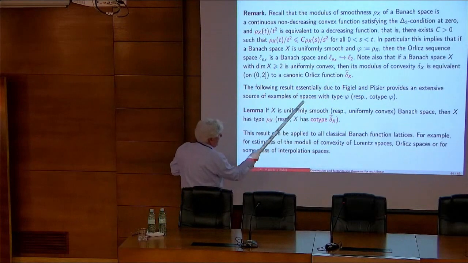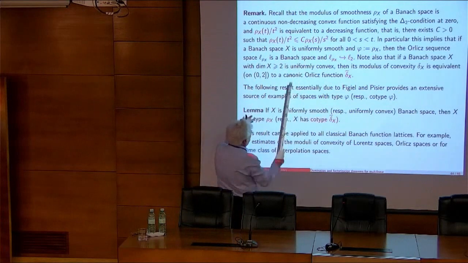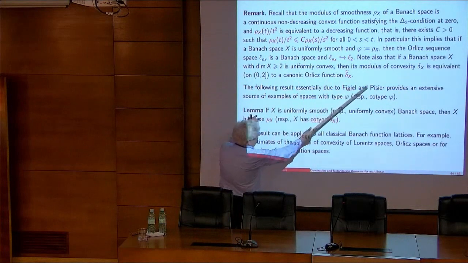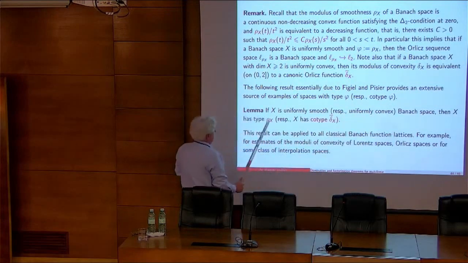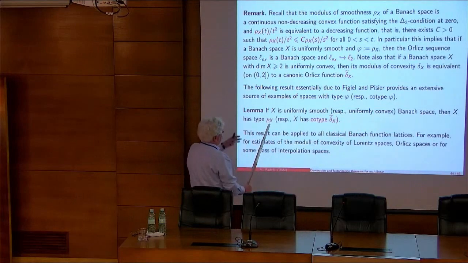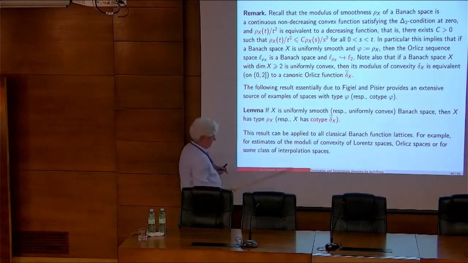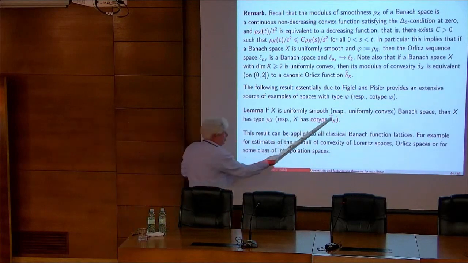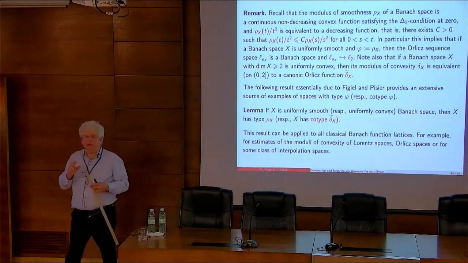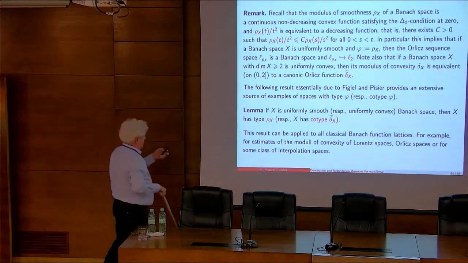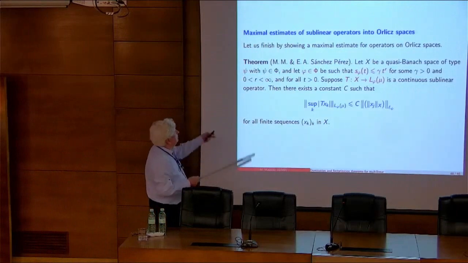In fact, this fact is not written precisely, but the proof shows in our language, which comes from Figiel and Pisier, that if X is a uniformly smooth, respectively uniformly convex, Banach space, then X has type rho of X, where this is the modulus of convexity, respectively cotype, the modulus of convexity, taking the convex majorant of this modulus.